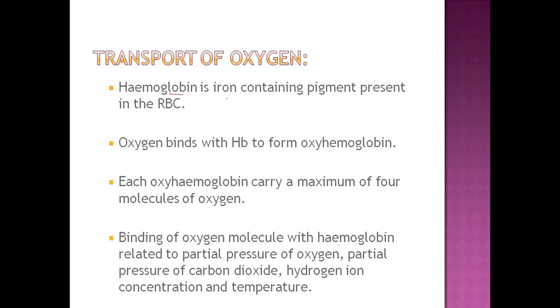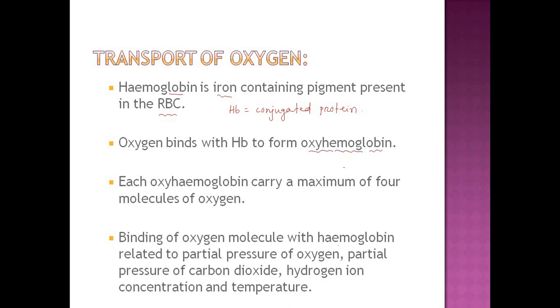Hemoglobin is an iron containing pigment, a pigment present in the RBC. You can also say hemoglobin is a conjugated protein present in the blood or RBC. Oxygen binds with hemoglobin to form oxyhemoglobin.